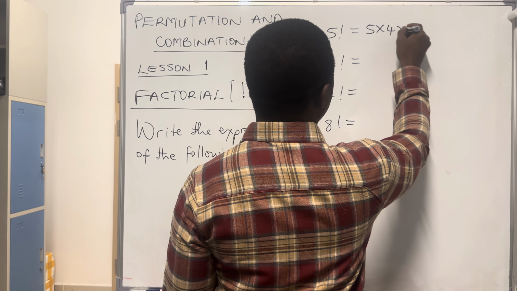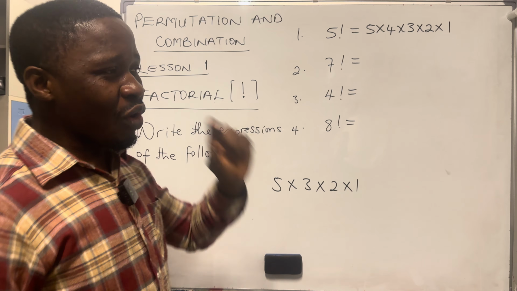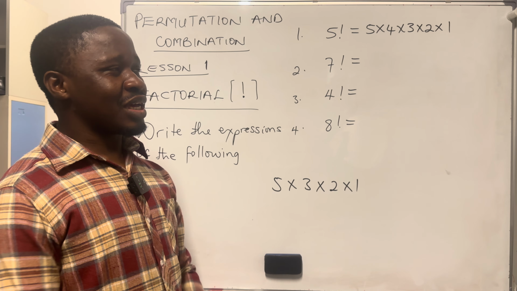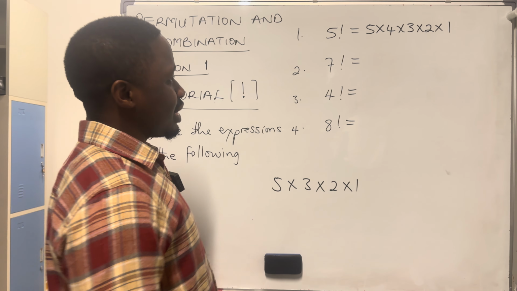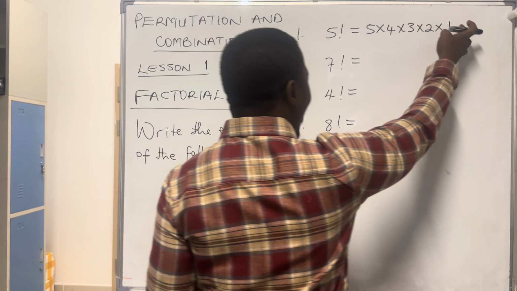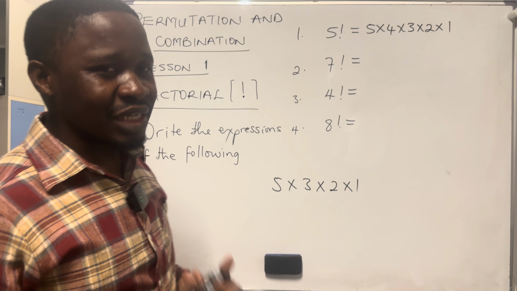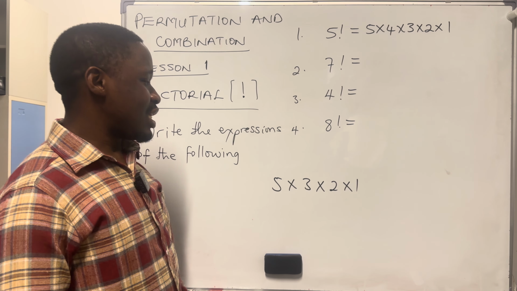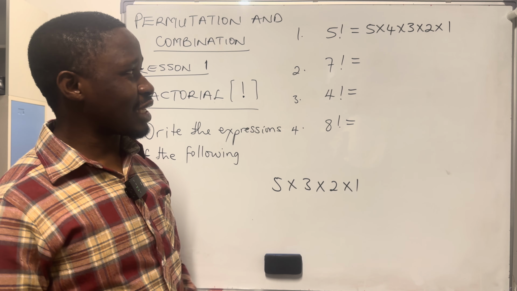A factorial number, we have to multiply successively or in a backward manner until we get to 1 without missing a number. The only number that you have the right to miss is 1. Why? Because whatsoever number you multiply by 1, it will not change the value of that number. 10 times 1 is 10.